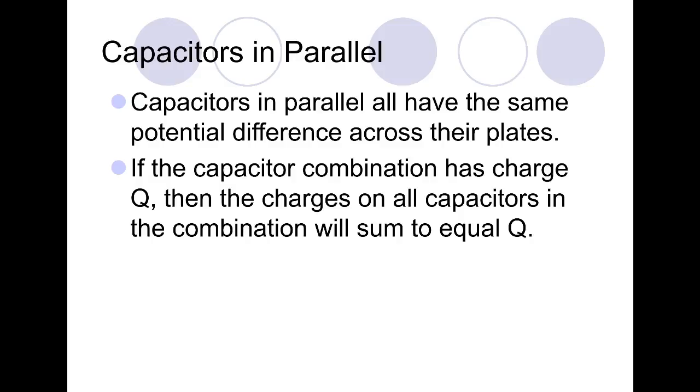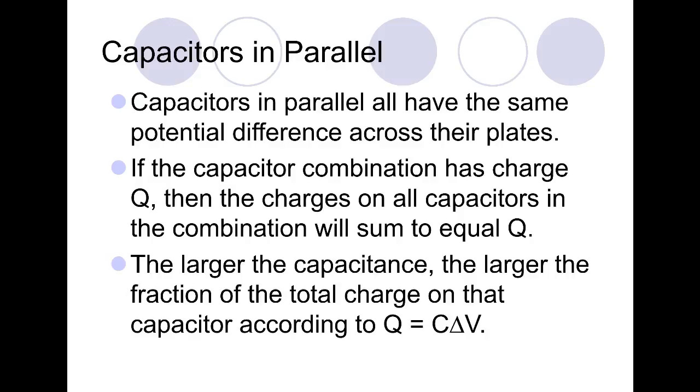Another way to think about this is that you have different compartments that the charge can sit in, as opposed to when it was series, it was basically parts of the same compartment. And we can also say that the larger the capacitance, the larger the fraction of the total charge, because remember that delta V is constant.